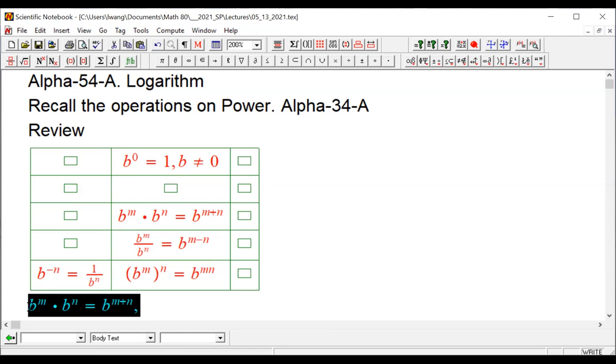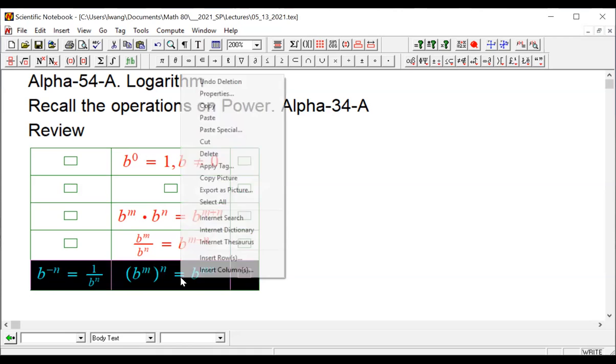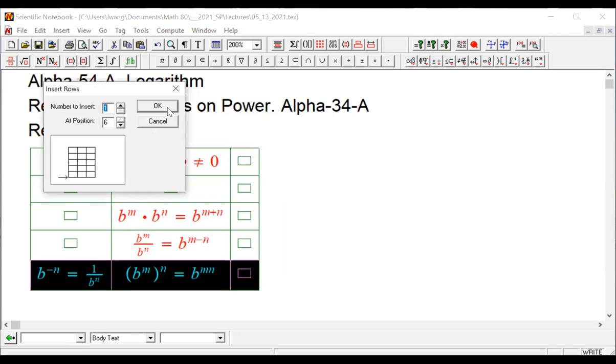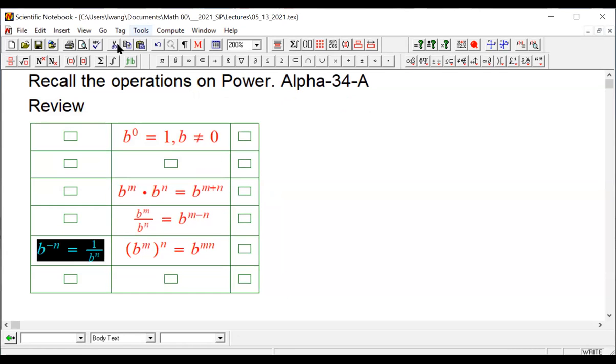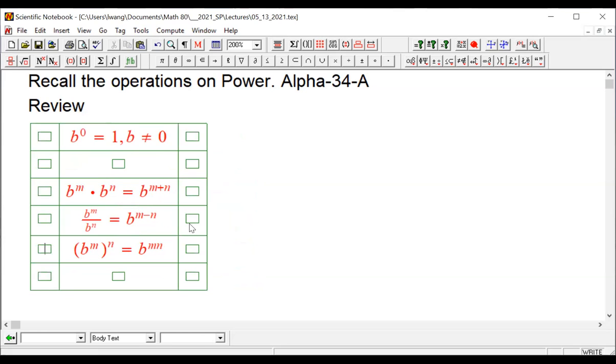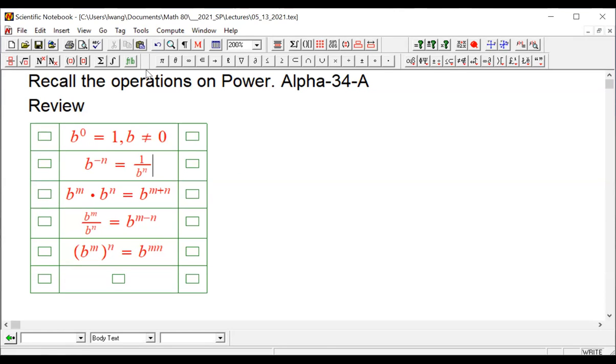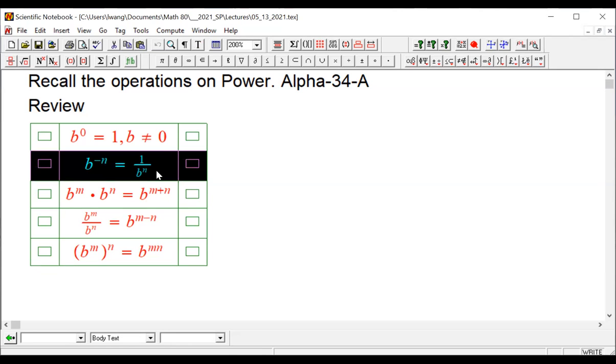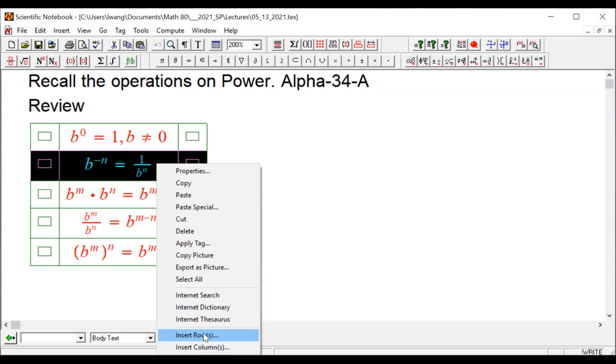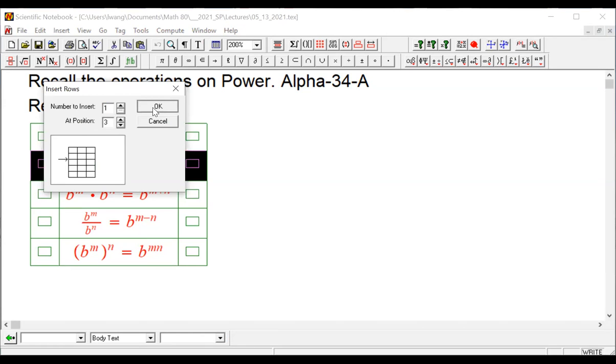And last but not least, I'm going to add another row. I'm going to put this guy maybe here. But I am going to insert another row to put the basic concept over here.